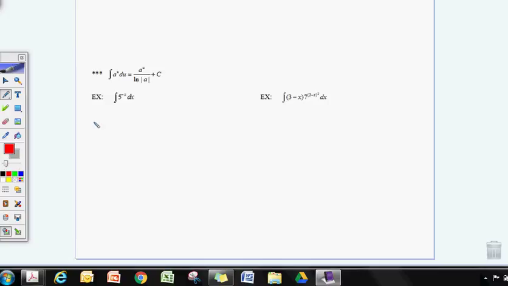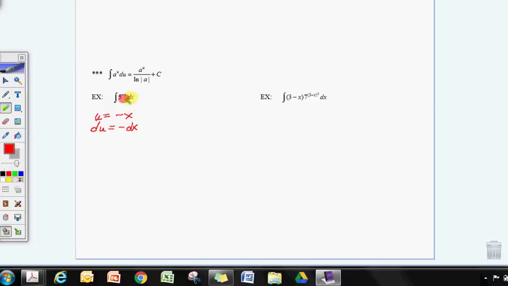So first thing that I'm going to do is I'm going to let my u value be negative x, which makes my du value negative dx. And then I go looking for all of my pieces in my problem. And I see I have my dx, but I'm missing my negative sign.